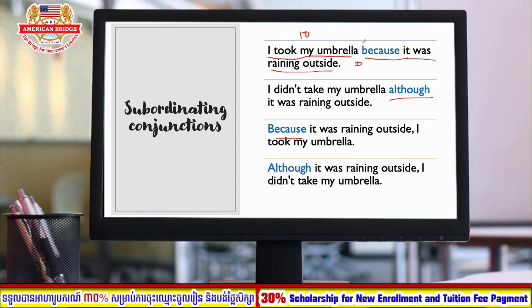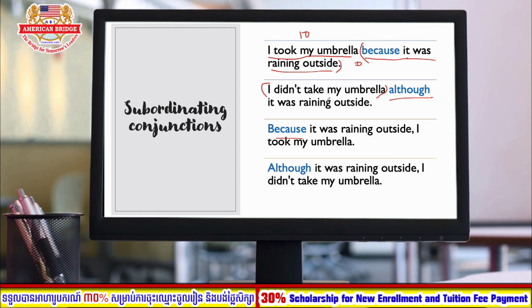If you imagine just this part of the sentence, because it was raining outside, does it make sense? No, because it needs another part of the sentence to give it complete meaning. Another example: I didn't take my umbrella. This one is an independent clause.